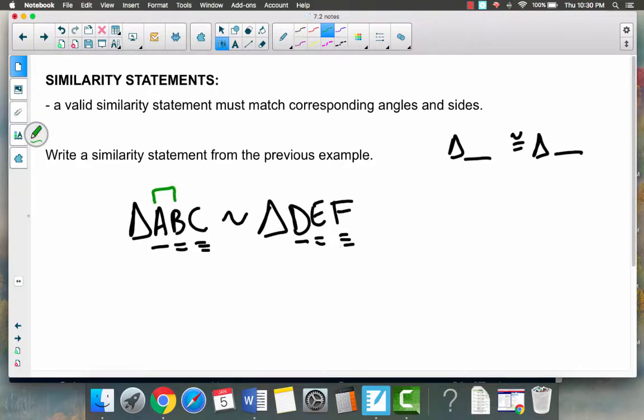So AB would have to match up with DE, and BC would have to match up with EF, and so forth. Okay, so that helps you identify things that go together, just like we did in the congruent statements last semester.